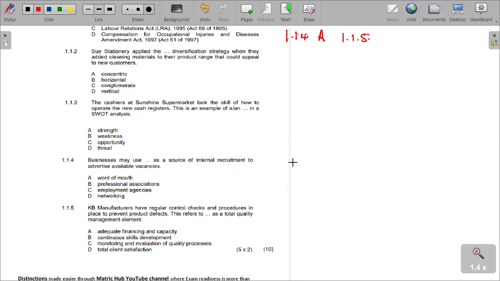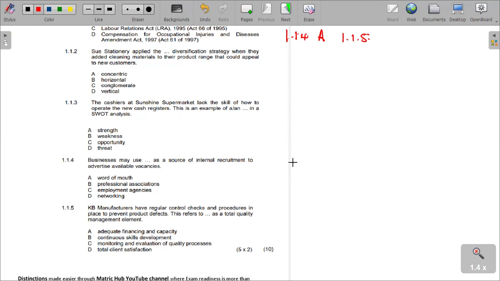This refers to dash as a total quality management element. So in this regard, these are producers who are doing continuous checks, and they have procedures in place to avoid producing substandard products that do not meet customer expectations or their standards.